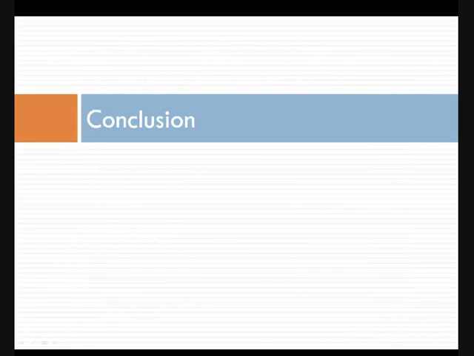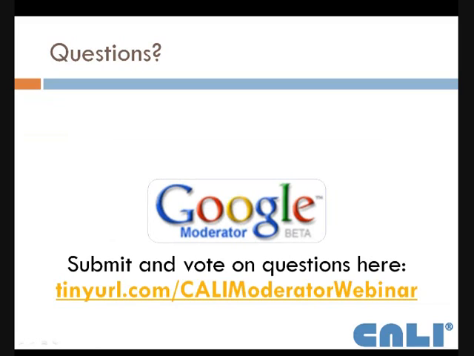So I'm going to go back over to Google Moderator, see if any of you had any questions. There's a question from Stuart Sierra, who says, how long do Cali InstaPoll links last? And the answer is as long as you want, kinda.